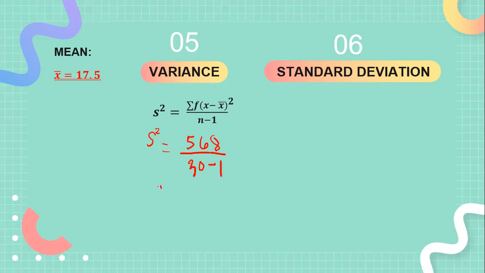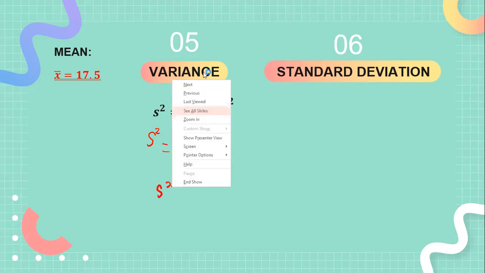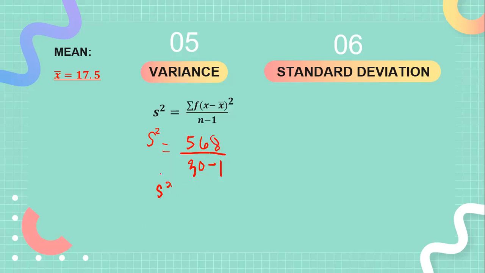So, s squared. Okay. S squared. Wait, let's go back, class. S squared is equal to 568 divided by 30 minus 1.